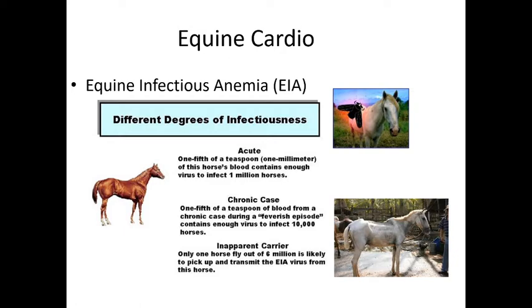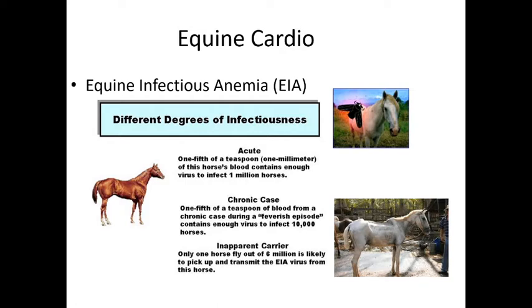An animal that is affected acutely and is very, very sick and very anemic, it takes about 1/5 of a teaspoon, which is 1 millimeter, of the horse's blood to contain enough virus to infect 1 million horses.